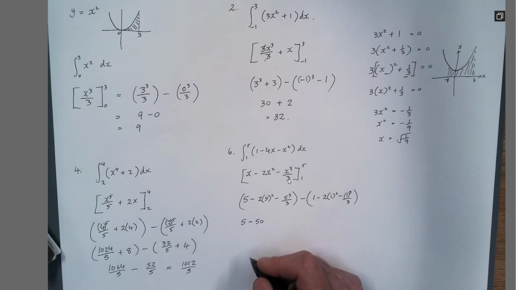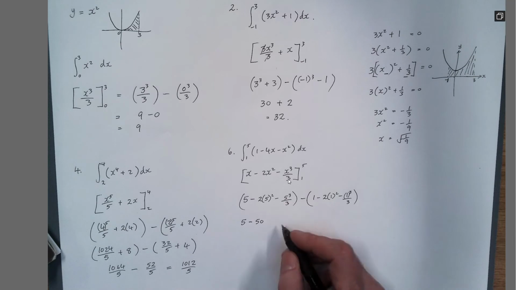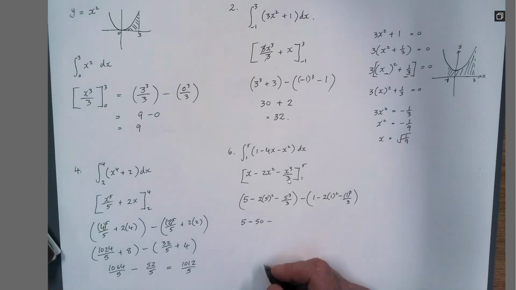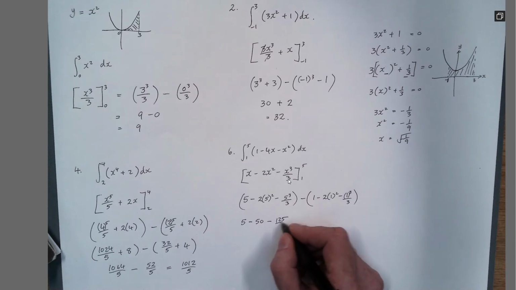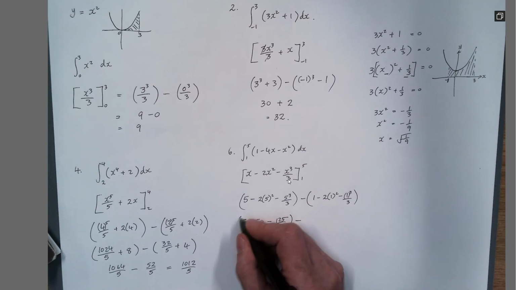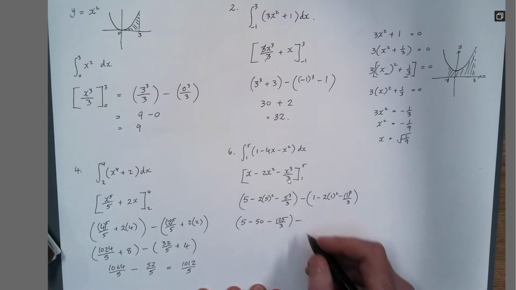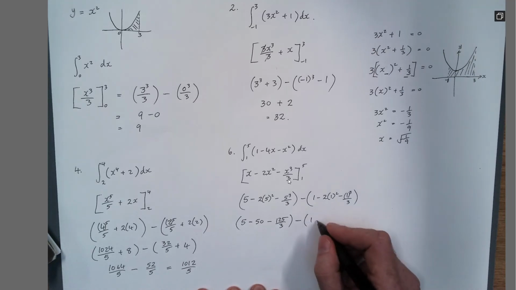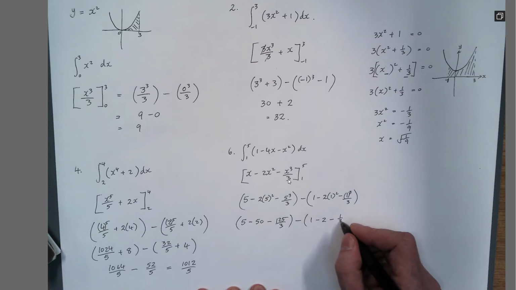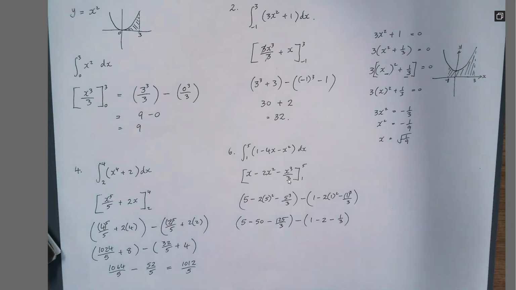4x squared over 2 is 2x squared, right. So you do the upper limit minus the lower limit, giving 125 over 3 minus the lower limit terms. The rest is just using the calculator.